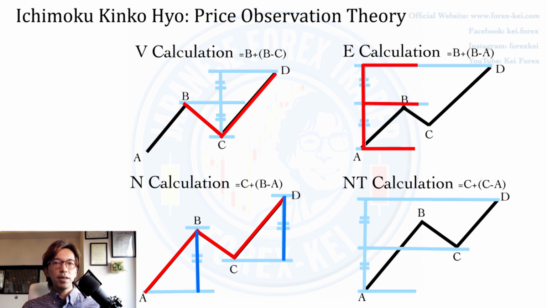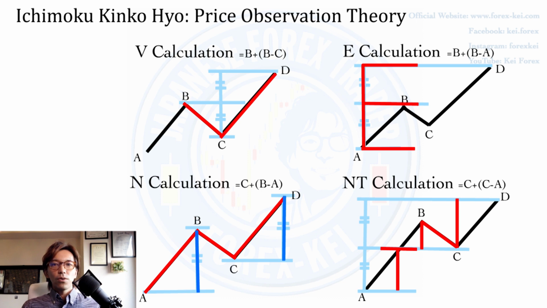And it will be the target based on this NT calculation. How you can remember this would be you draw N here and you draw T here. And so the distance between C and A and C and D will be the same, right? As you can see.